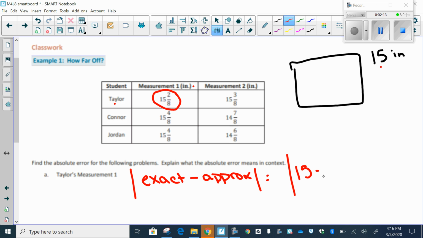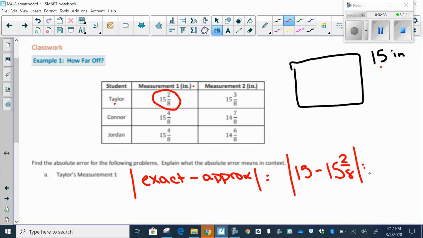The approximate is what Taylor measured. Whenever you measure things, I know when I measure things, when most people measure things, we're not perfectly precise. We're a little off. So it's an approximation. She measures approximately 15 2/8.